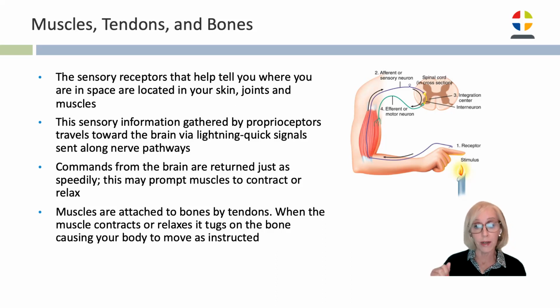The brain says, oh, I know that's hot. That's not good. You should probably not touch that. So it tells the muscle to contract, the elbow to bend, and that moves your arm away from the stimulus. So all these responses help us to keep our balance when we meet different challenges in our environment.